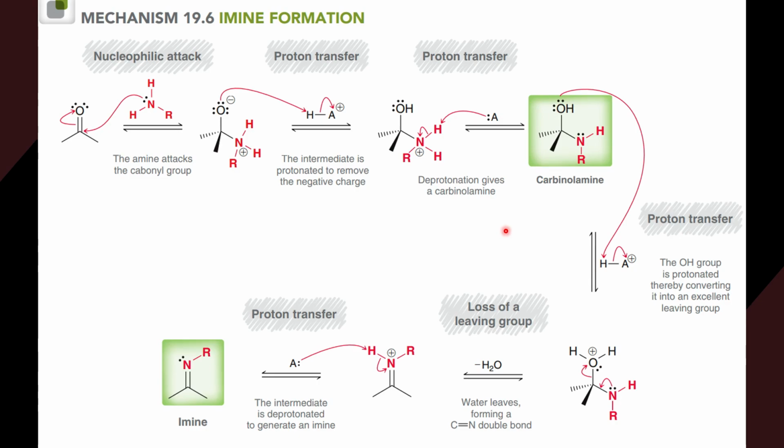So, okay, the arrow mechanism looks pretty scary. There's a lot to look at here, but let's just take this step by step. Nitrogen is going to be acting as some sort of nucleophile in this, right? And it attacks that region of partial positive character.